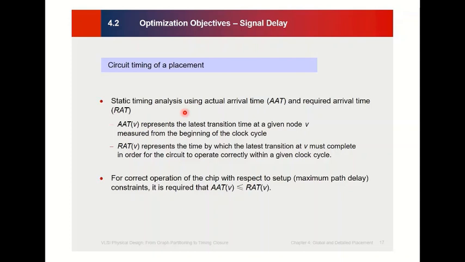That delay we call the actual arrival time. What we want is, when we do our placement and routing, for this AAT to be lower than the required arrival time.